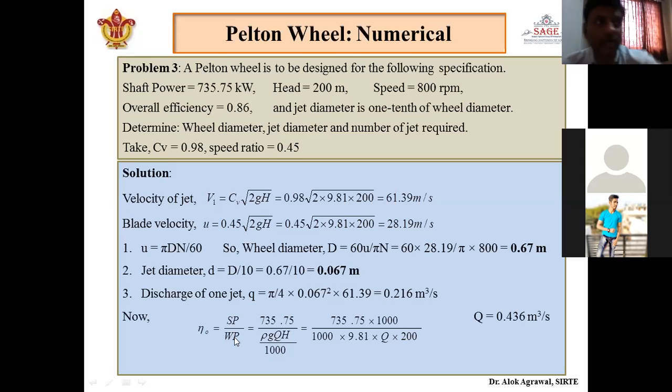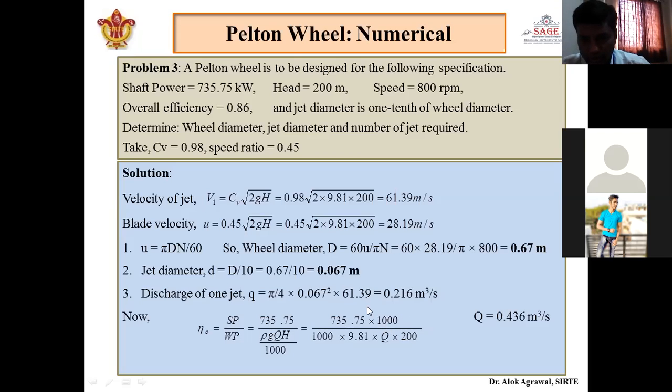We know to calculate water power as rho g q into h by 1000, that we have already seen in the previous problem. So rho g q, q is unknown, we have to calculate q, and head 200 is given. This 1000 in the denominator will move up to the numerator.